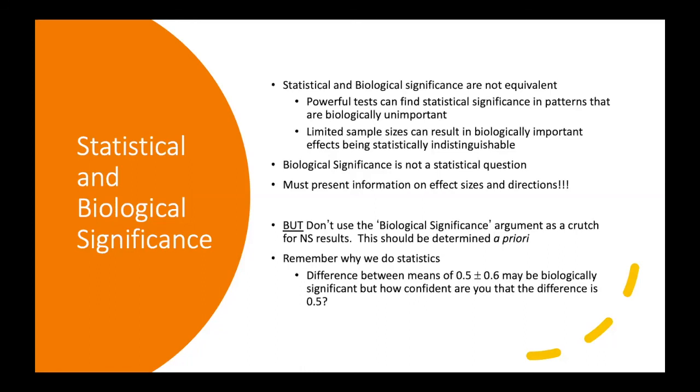Remember that even if we think that an effect size of 0.5 would be biologically significant, this result tells us that we don't have a lot of confidence in what this value of 0.5 actually is because of the very high amount of variability around that value.